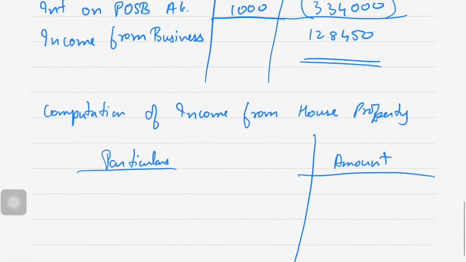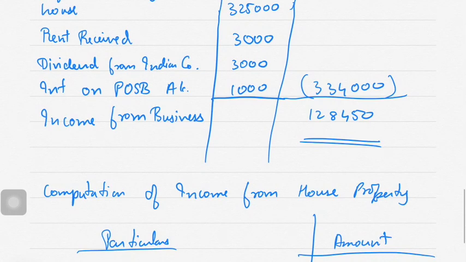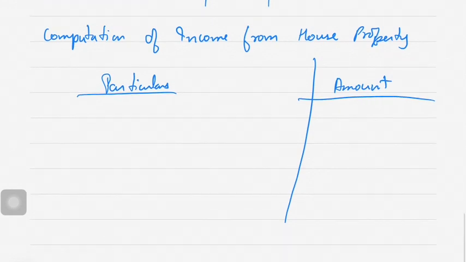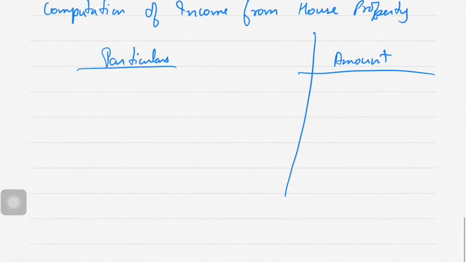So in your P&L account there was a rent received of 3,000, correct? And you have written here also, rent received 3,000. So that is income from house property, right?